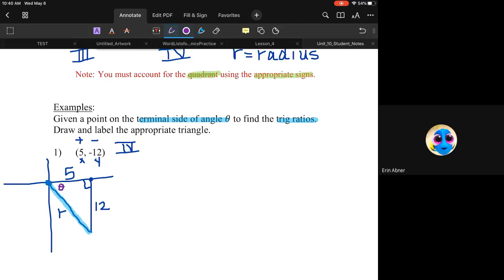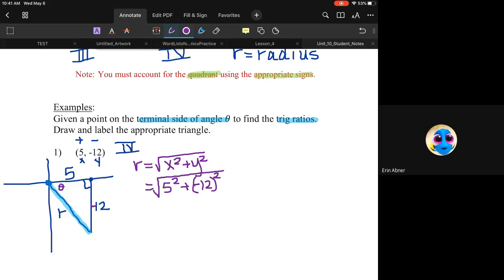So we're going to use the formula that they gave us for R. R is equal to the square root of x squared plus y squared. So my x is 5 squared plus my y, which is, oh shoot, my y was negative, negative 12 squared.